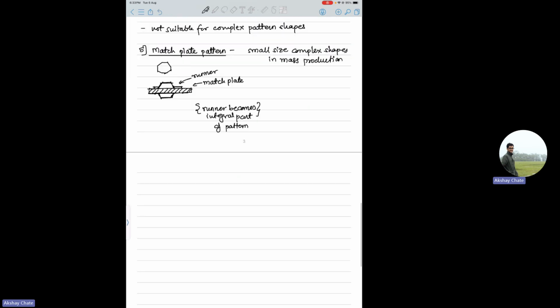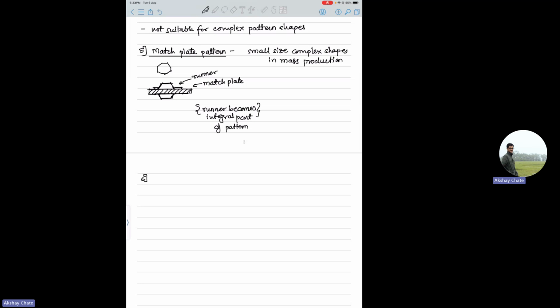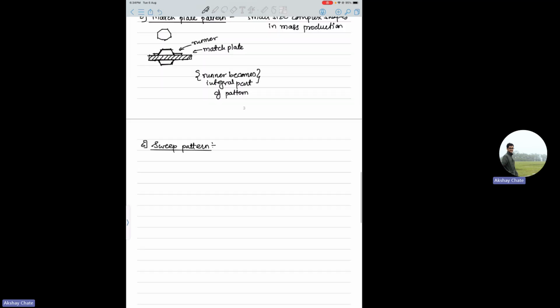Okay, then the next one was the sweep pattern, and as the name suggests, if you have used any CAD drawing model, you will understand the sweep function, it is always there. If you want to make a cone like this by casting, so this is your 3D object, right?